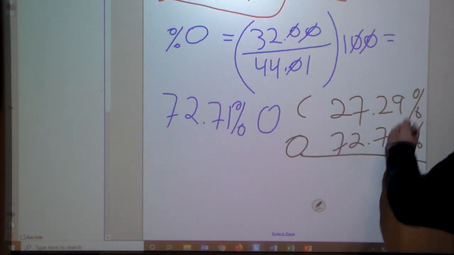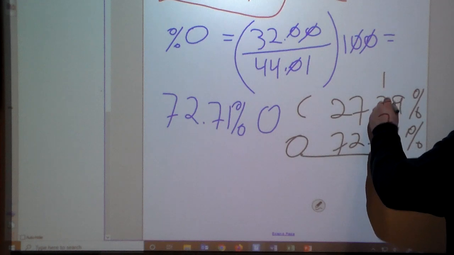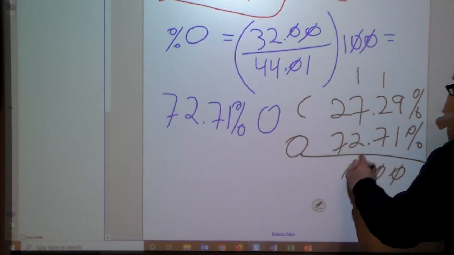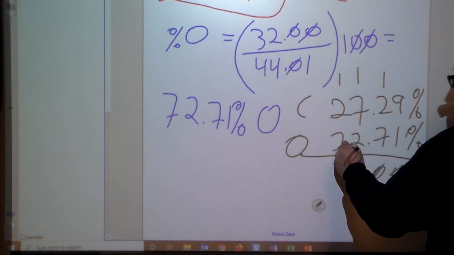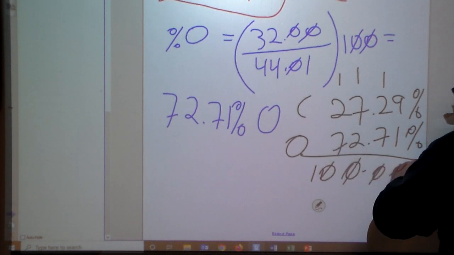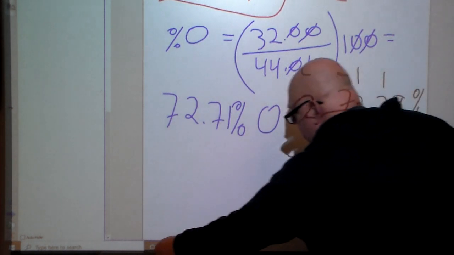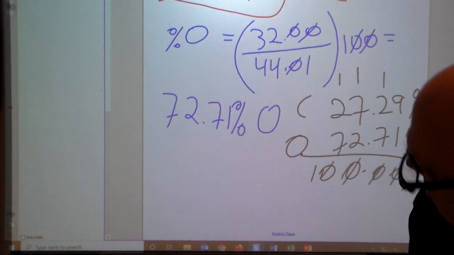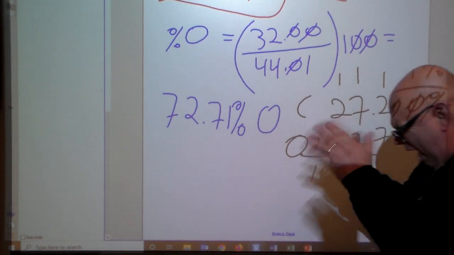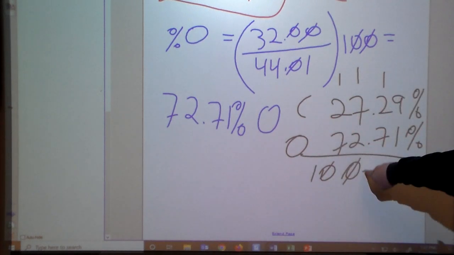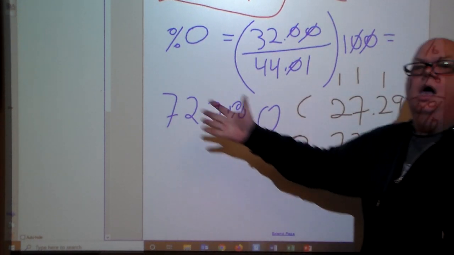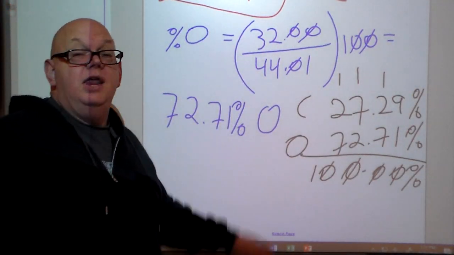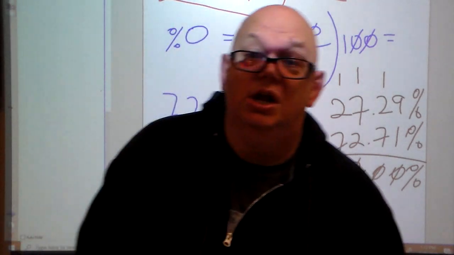Let's look at it. 9 and 1 is 10, 1 and 2 is 3, 3 and 7 is 10. By the powers of Addison Rae, TikTok, it's 100%. So it does add up. It is correct, ladies and gentlemen.